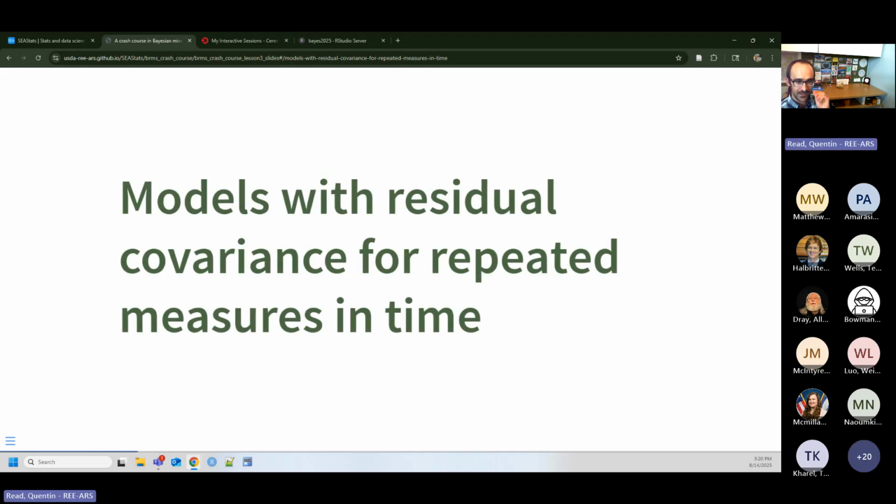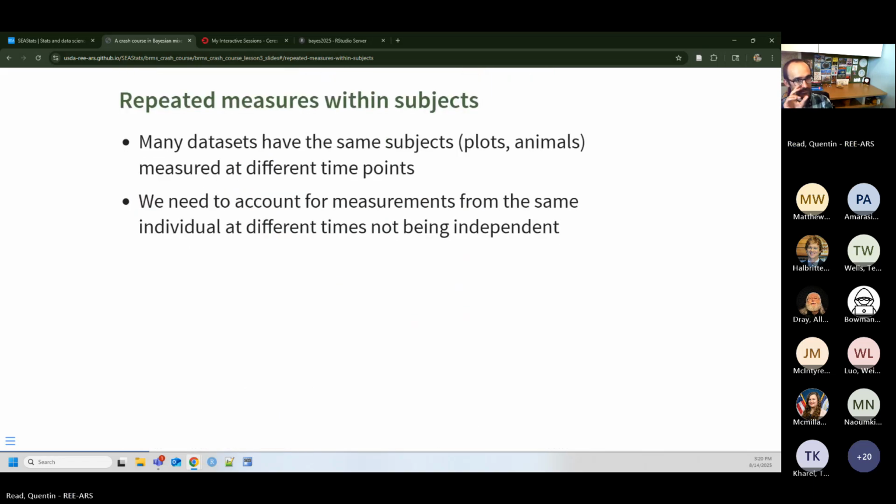So let's delve into our first example, looking at residual covariance to deal with repeated measures on the same individuals over time. This is very common in ag science.